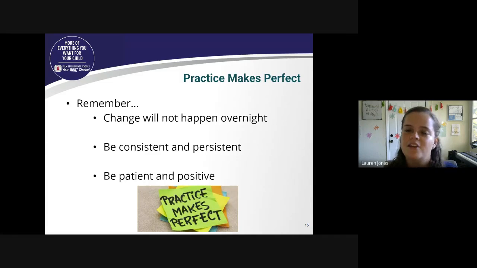Every time they engage in that behavior, you want to redirect the same way and redirect back to that same behavior. Like we talked about with shaping, if you're encouraging it and consistently redirecting, you'll see closer and closer steps to that new behavior you're looking for. And last, and certainly not least, be patient and positive. You need to remind yourself that the behavior can and will change. If you're positive and consistent, you will see some great changes.